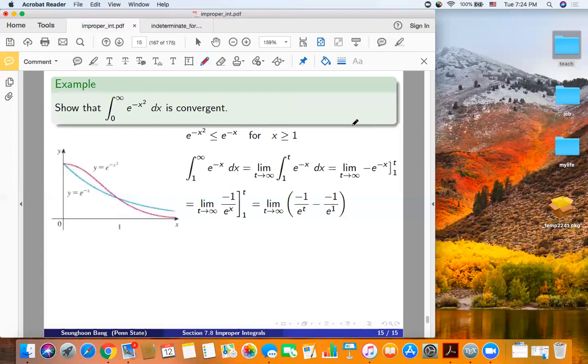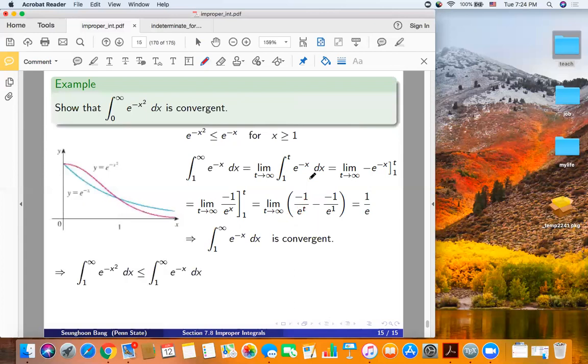As t approaches infinity, e to the t approaches positive infinity, so minus 1 over infinity goes to 0, leaving 1 over e. So we know the integral from 1 to infinity of e to the minus x dx is convergent.